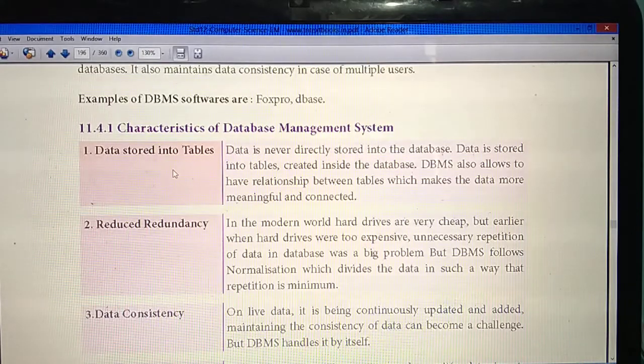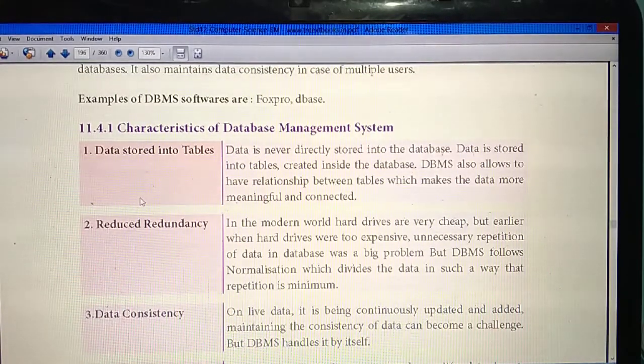So, this database management has the relation between tables. Without tables, you can't store the data. By using tables only, you can store the data. Using this database management software, you can access the details from the table. Understand the first thing. What's the first characteristic? Data stored in tables.